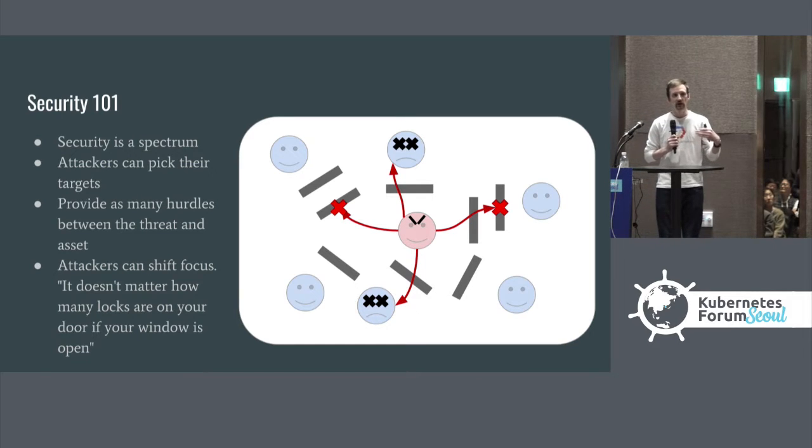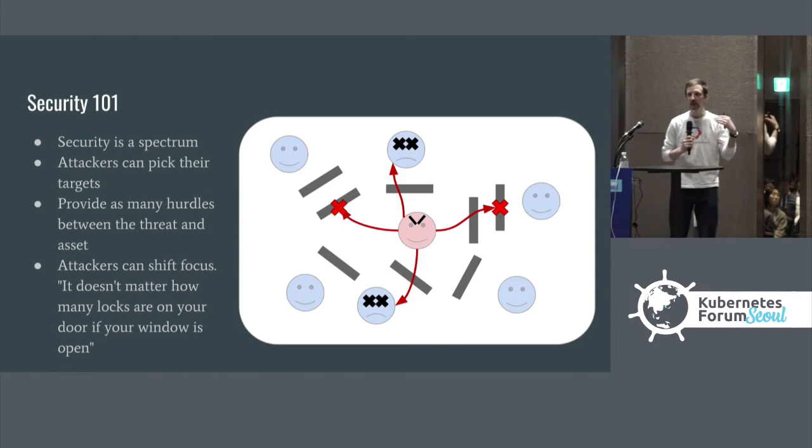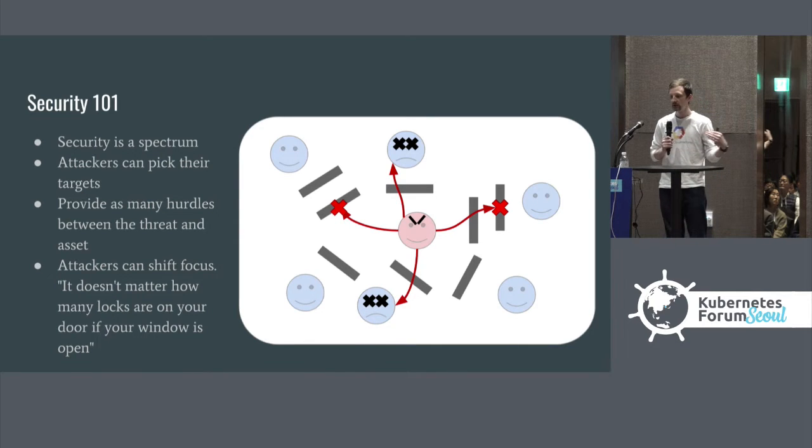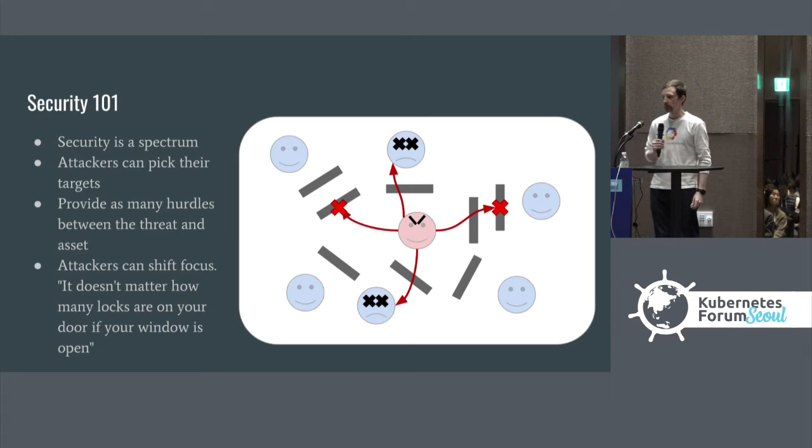It's not a single scale where you make one thing better and your entire cluster is more secure. There are many different pieces of a Kubernetes cluster and many different pieces of all kinds of software, and each of those has its own security posture or security context. And so you need to think of it as a holistic picture.